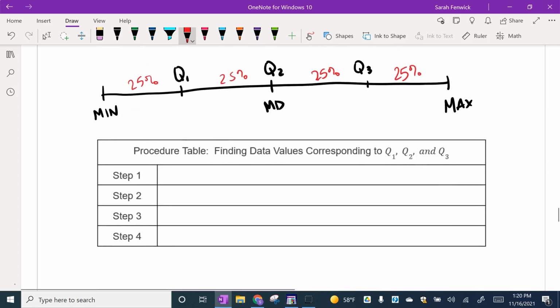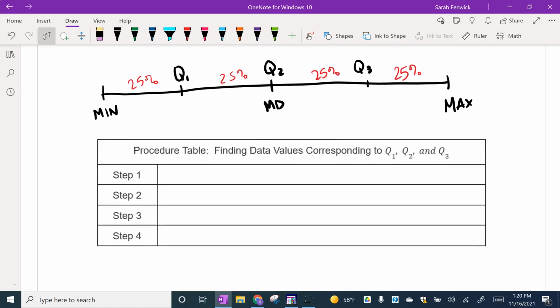To find data values that correspond to Q1, Q2, and Q3, you start by putting your data in order from lowest to highest, least to greatest, which is always a good idea anyway, and your calculator can do it if you want. Step 2, find the median of the entire data set, and that equals Q2.